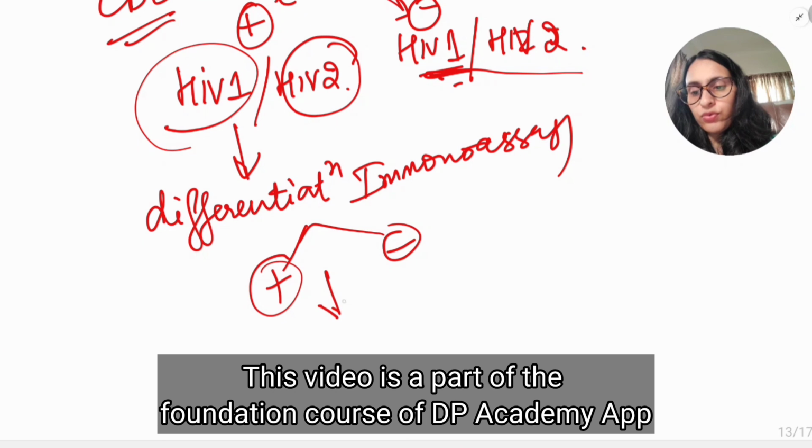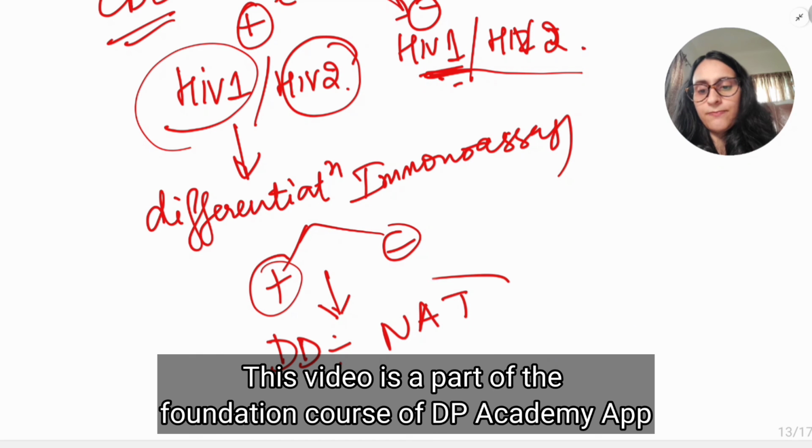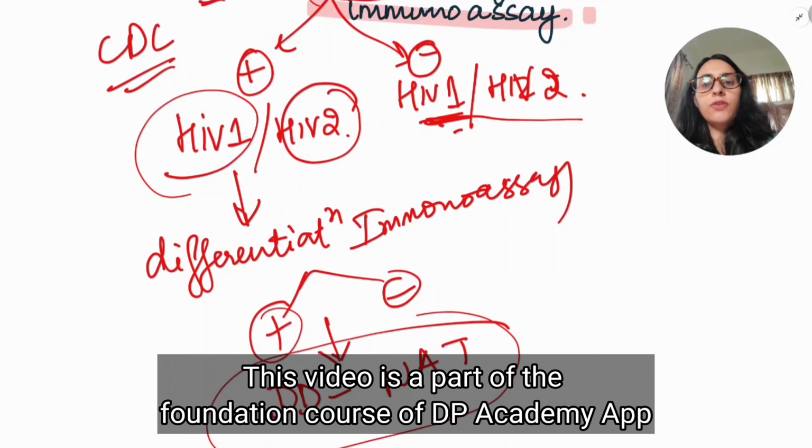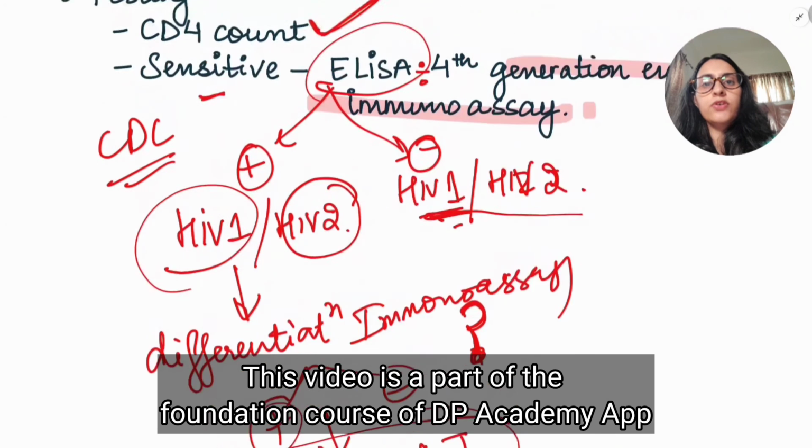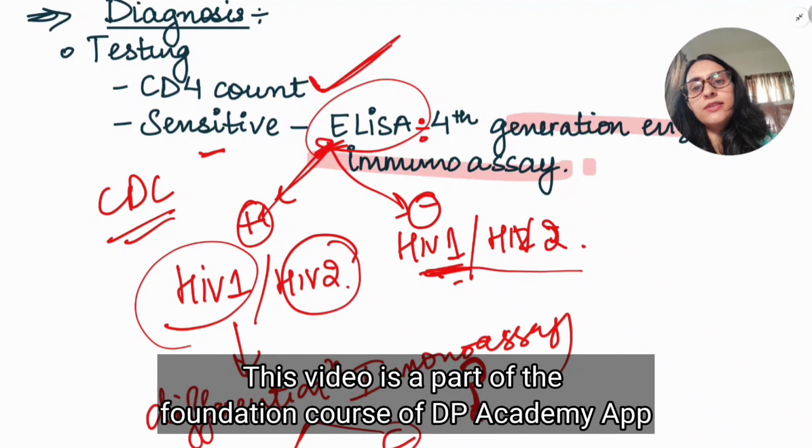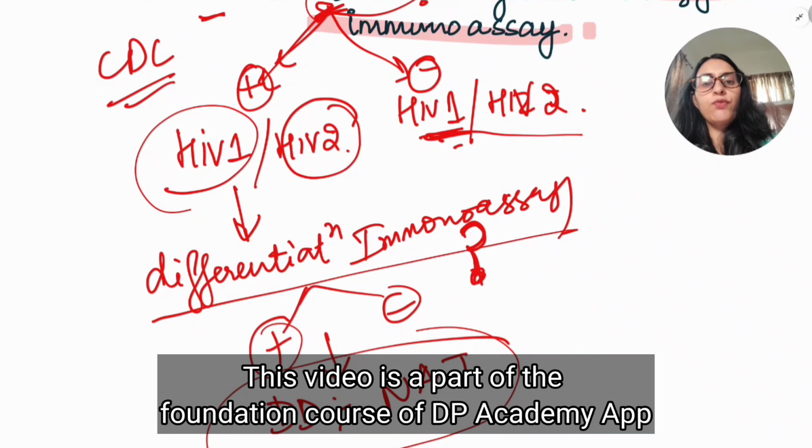For that, we are going to do the definitive diagnosis by nucleic acid testing. So in case if the patient you are having is doubtful diagnosis, say suppose if first you have done is ELISA. If ELISA comes positive, but if you want to see either it is HIV 1 or HIV 2, you do the differentiation immunoassay. Suppose if differentiation immunoassay comes negative. Now, what is it?